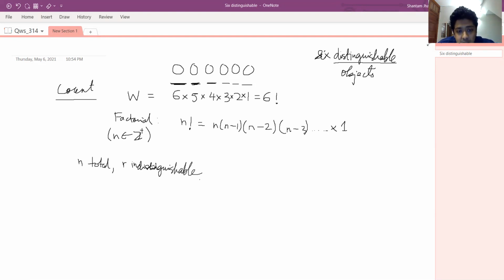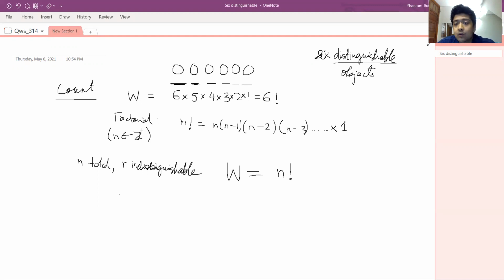Well, I'm always going to start by saying the number of total ways of arranging n objects is n factorial. There are n total objects. But every time I do my counting, I'm going to count these r indistinguishable objects r factorial times as well. I would be overcounting that.